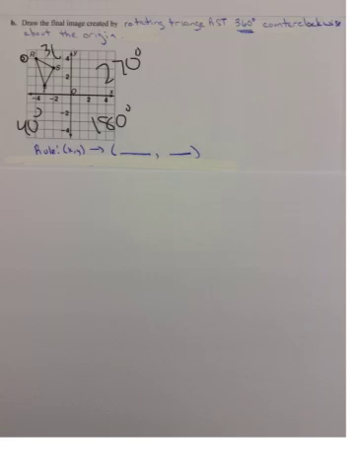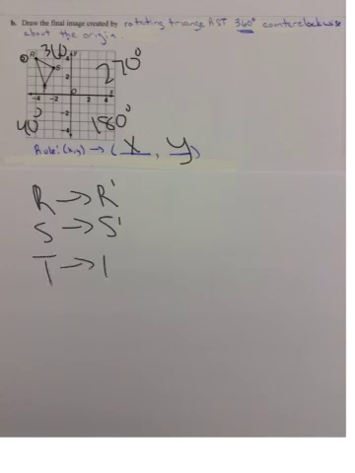So 360 is just going to take us back exactly where we are. So our rule is just going to be x, y becomes x, y, which means nothing changes. So the R is the same thing as your R prime. S is the same thing as S prime. T is the same thing as T prime. These points do not change, therefore the triangle doesn't change. So we're just going to say this is the same triangle.